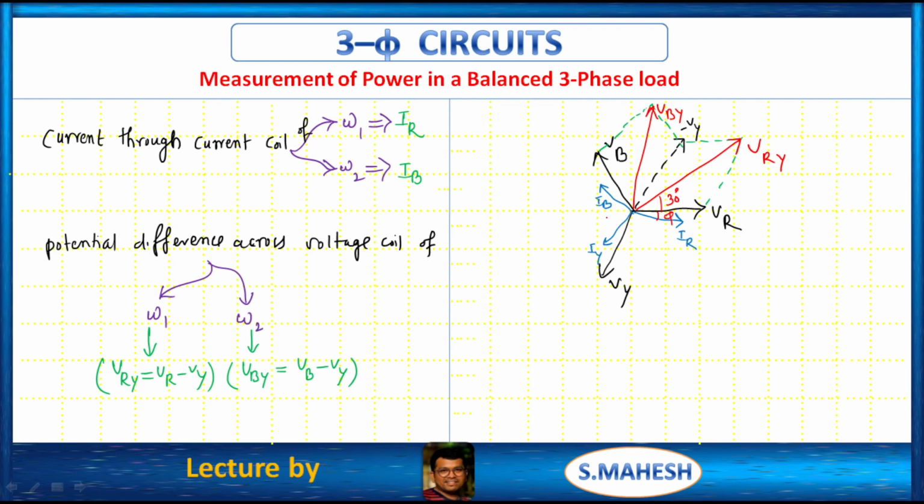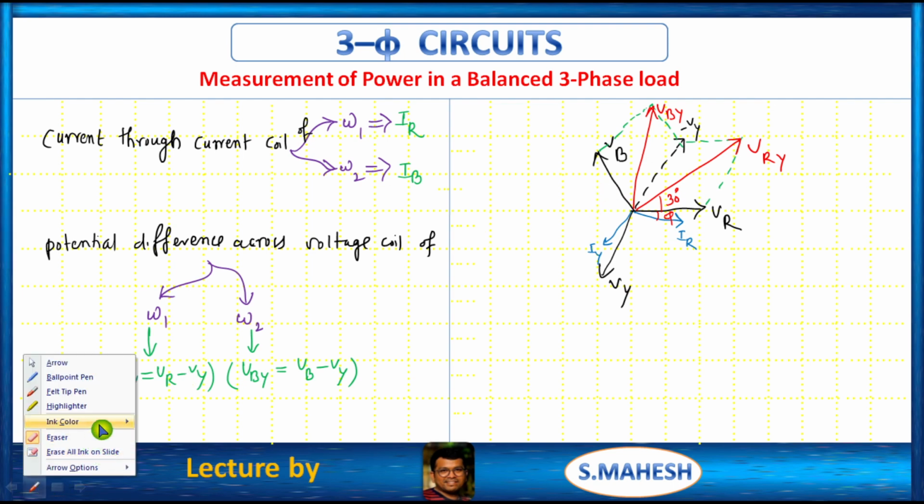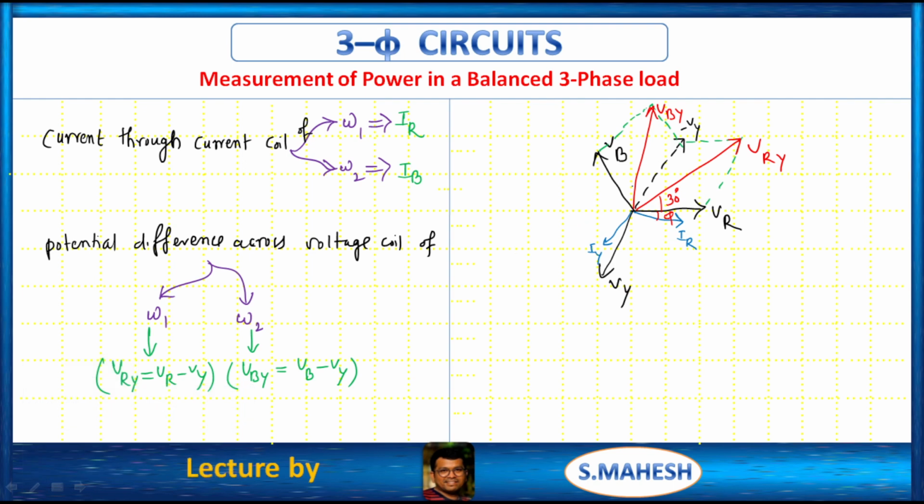Where is Ib? Ib is like this, because current lags, right? This is Ib. Okay, now it's clear.